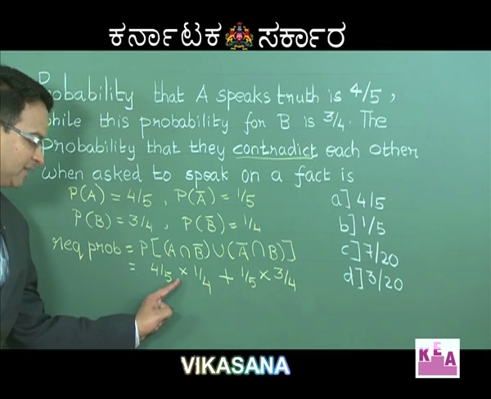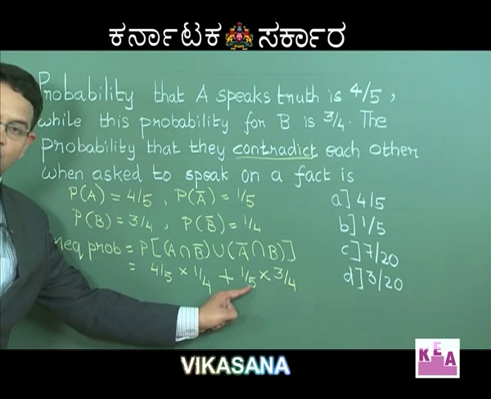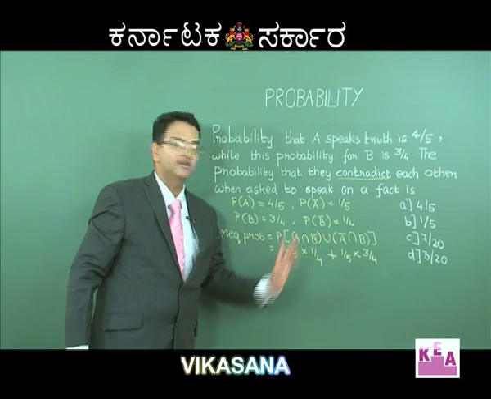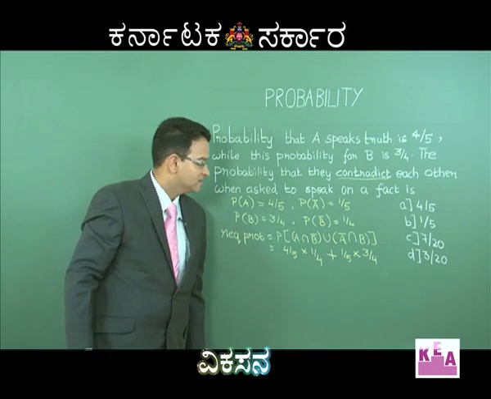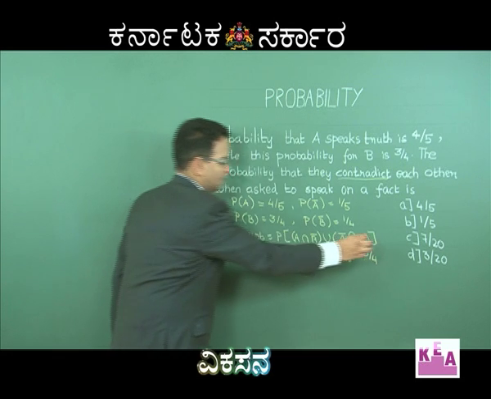So 4 by 20 plus 3 by 20, which simplifies to 7 divided by 20. Therefore, the right answer for this particular question is the third option.